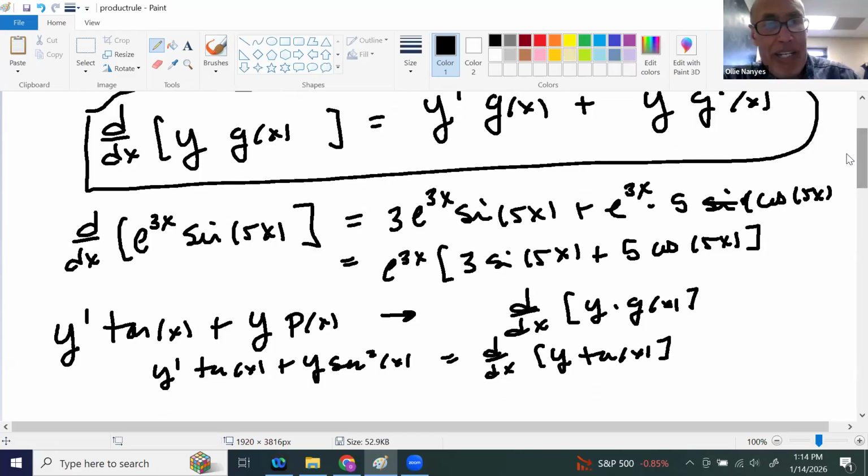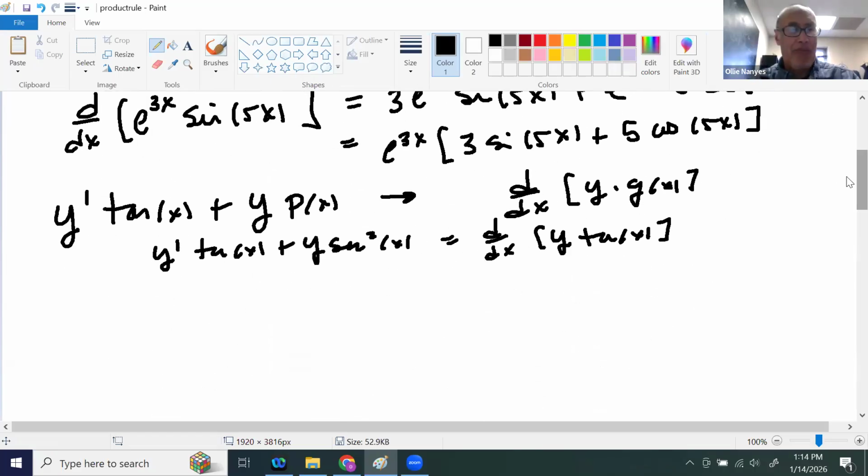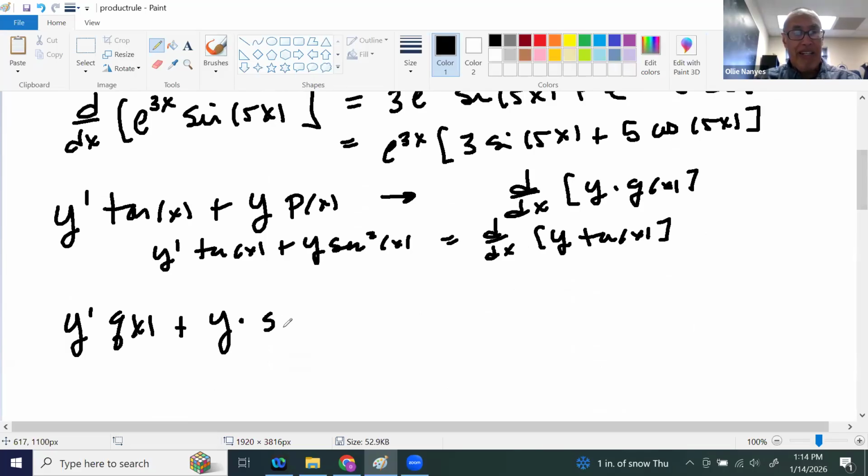A second way you might see it used is you might be given this. So you might have, let's say, y prime q of x plus y times, let's say, sine of 3x. And you want to write this as something that looks like this.